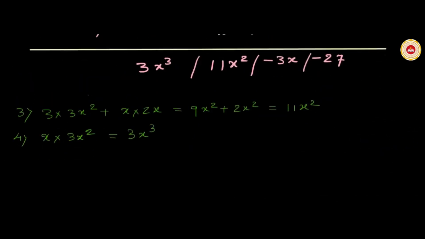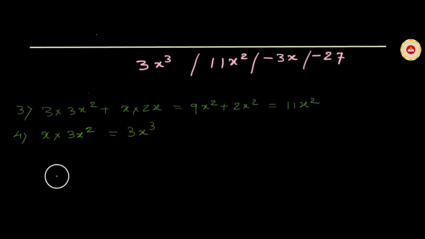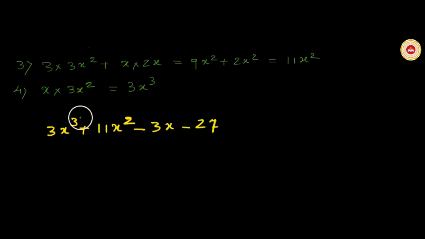See, let us start writing the final answer from left side. 3x cube plus, this term is positive, 11x square minus, because this term is negative, minus 3x minus 27, constant term minus 27. Okay, so let us calculate the Beejank of this answer.